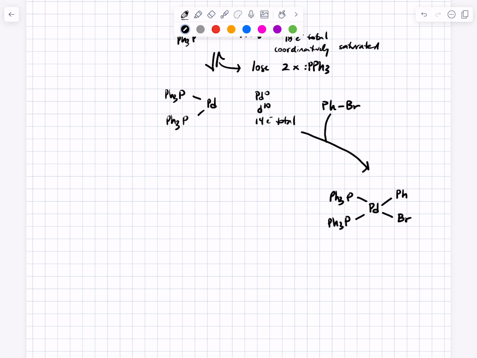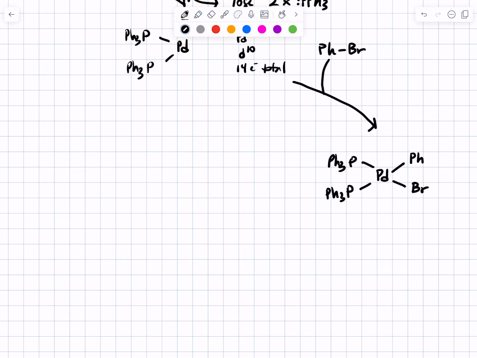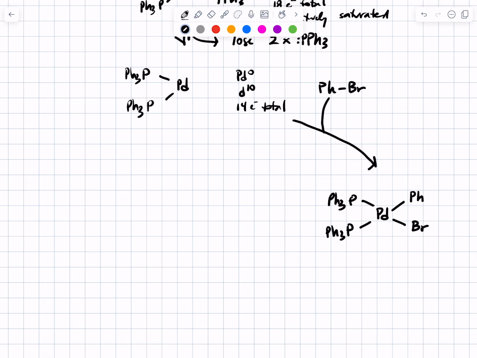Overall, the charge on the metal is still neutral. Let's analyze that. How many and what type of ligands do we have? You've got 2L and 2X. The overall charge on the complex is neutral. Therefore, what must be the oxidation state of palladium? Now it has to be 2+.